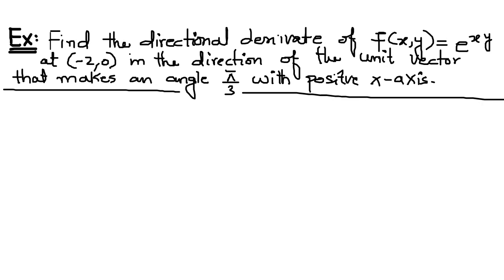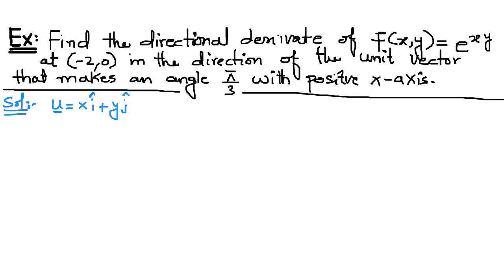Okay. Now, in this case, is any unit vector given? No, the unit vector is not given. So how can you solve this one? Solution. We know that a unit vector is equal to the x component i plus the y component j, right? In general, a unit vector is represented like this.